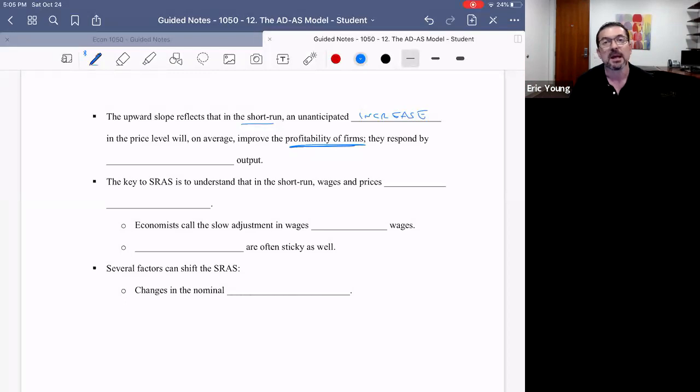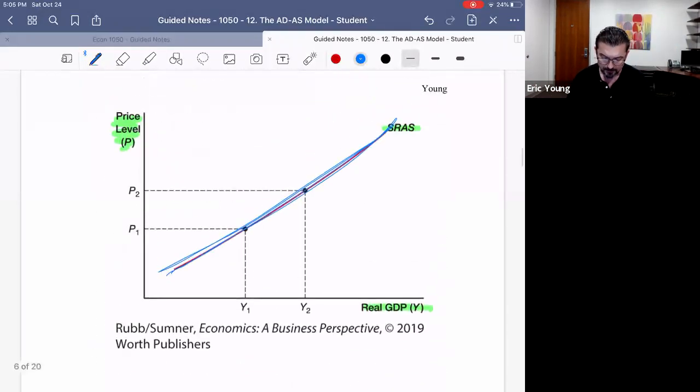And predictably, they will respond by expanding output, which you see here. As the price level goes up, the firms respond by producing more.